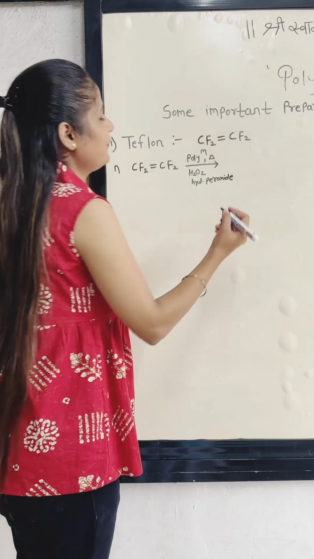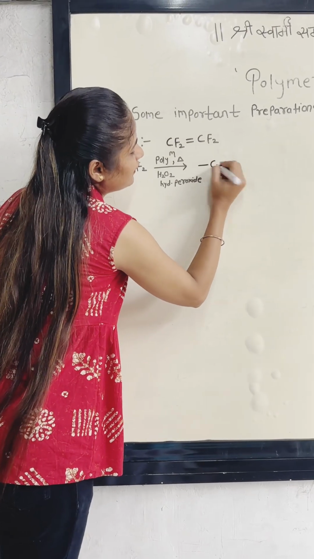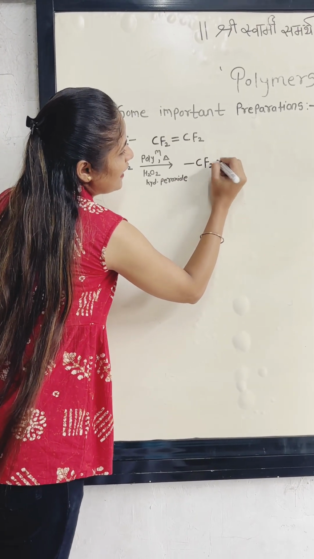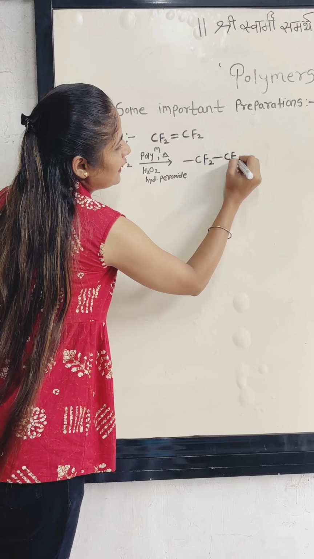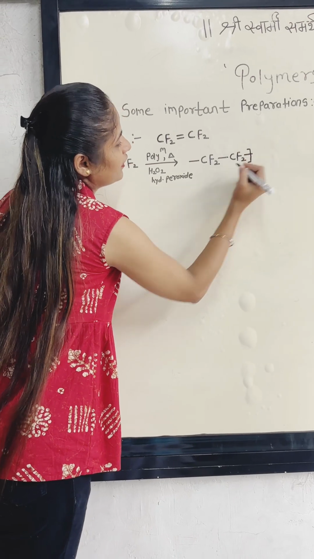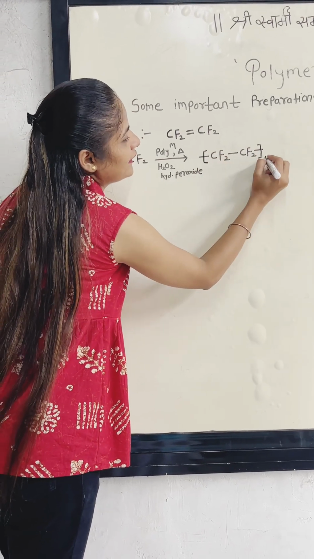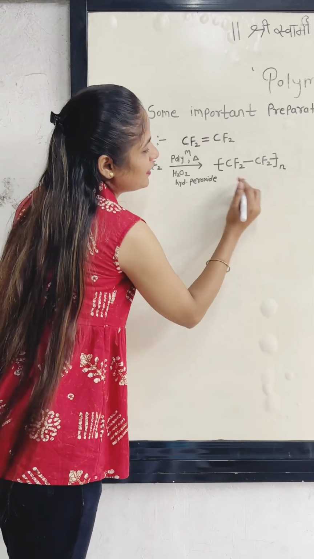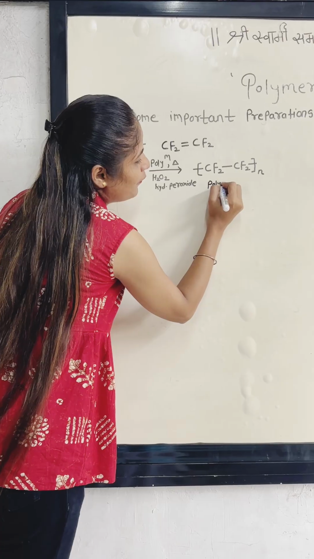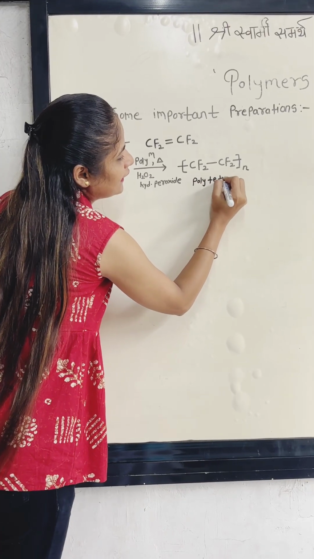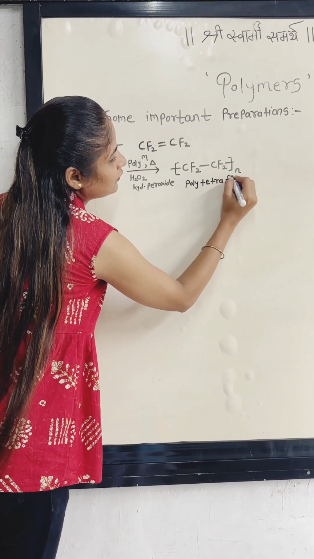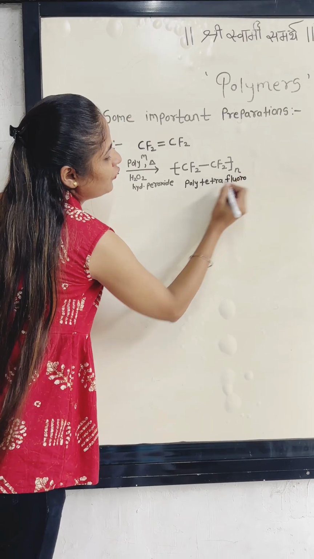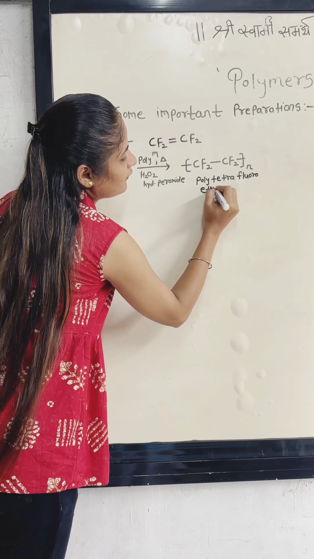Okay, then we get the polymeric chain of CF2 CF2. Then we close the bracket and write n here. n means the number of molecules. And the final product is the polytetrafluoroethylene.